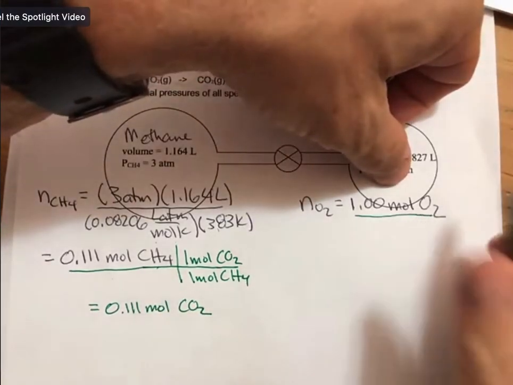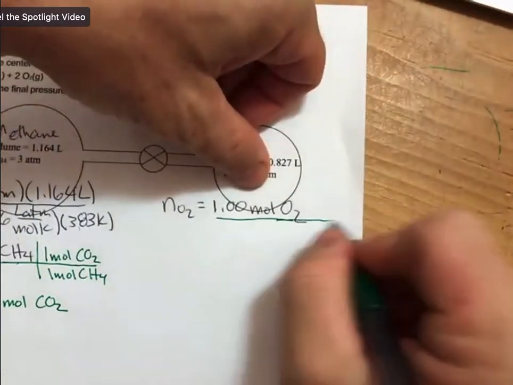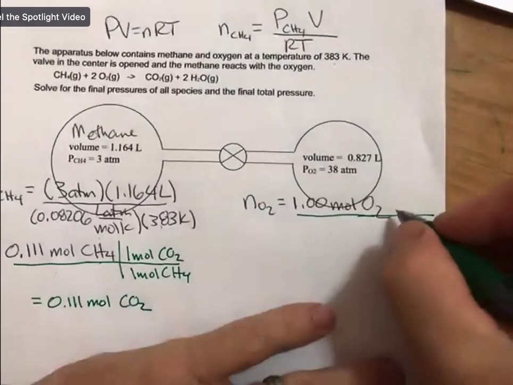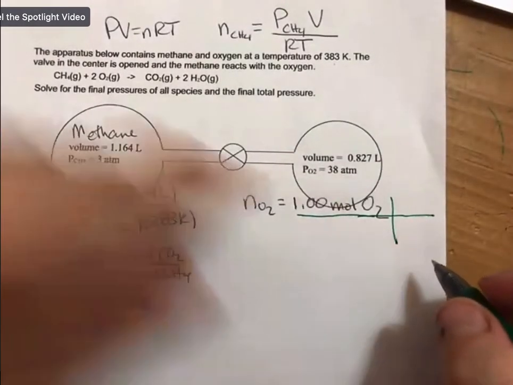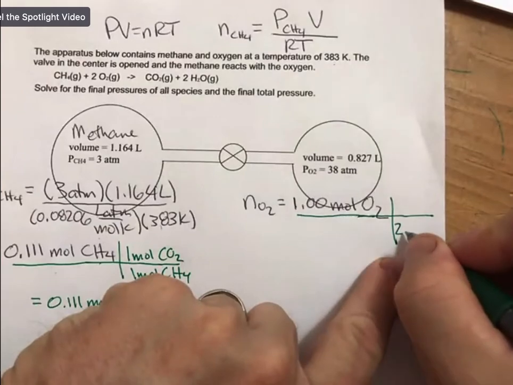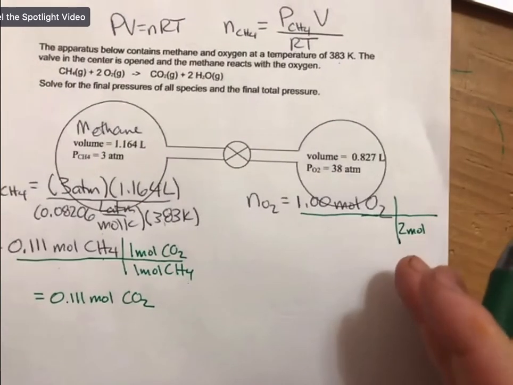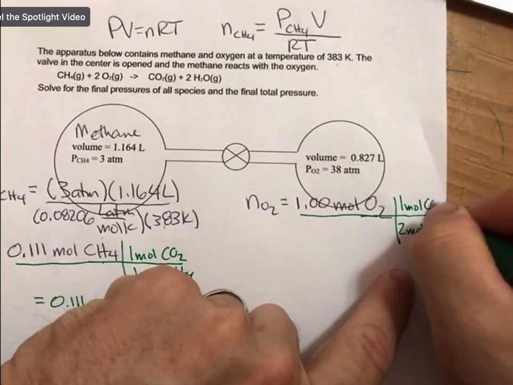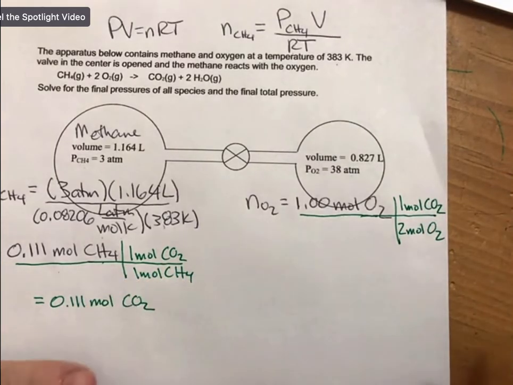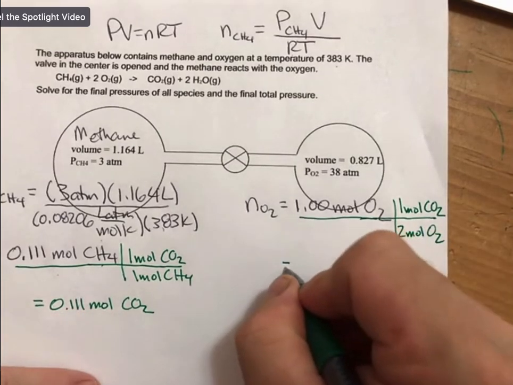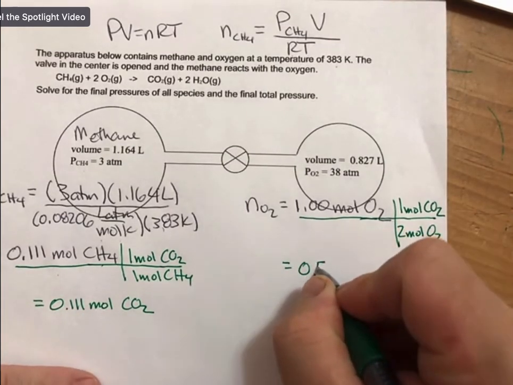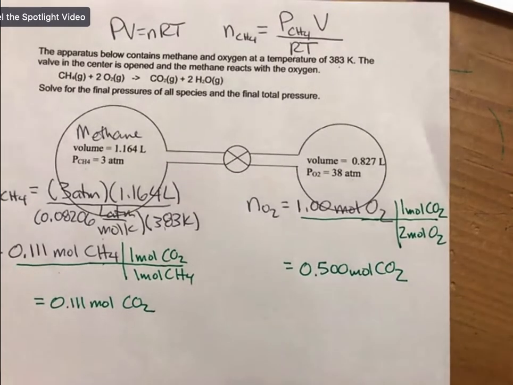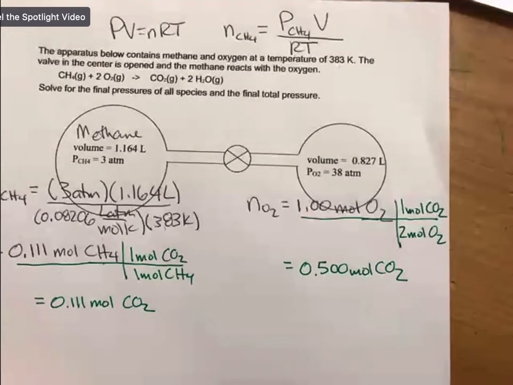Similarly, now for 2 moles oxygen, I produce 1 mole of carbon dioxide, which would be 0.500 moles of carbon dioxide.